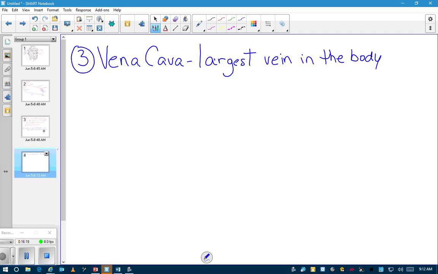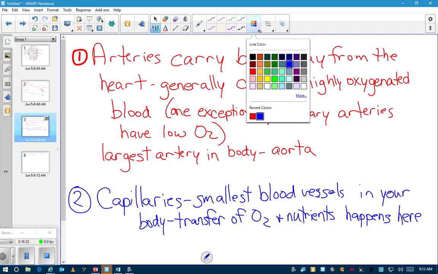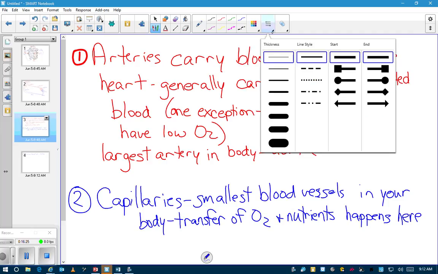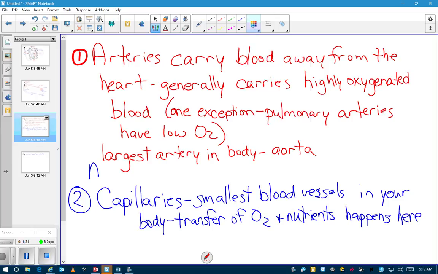Actually, let's add up here arterioles if you want, just to make it complicated. If you want to write arteriole, oh, I want it red. Since I put artery, aorta, largest artery, okay, let me make this.